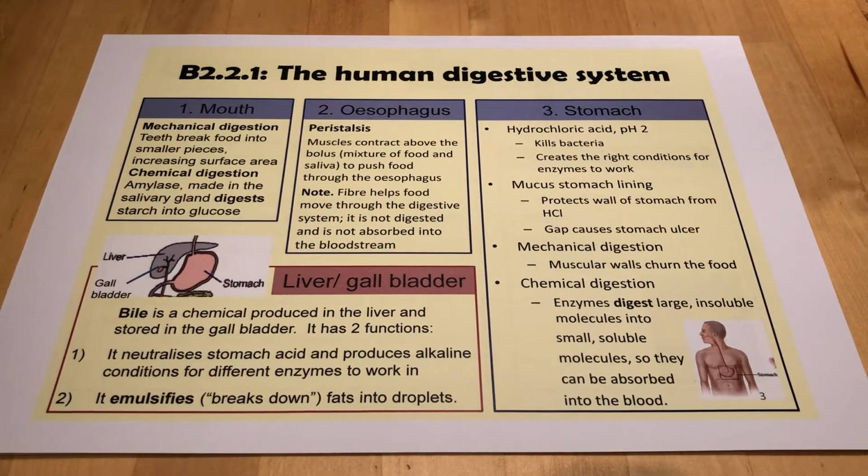And that's exactly what bile is doing when it emulsifies fats. It breaks globules into droplets. It increases the surface area. We call this emulsifying the fat. And because it's got a larger surface area, it means that lipase can attack it more easily when it gets into the small intestine.